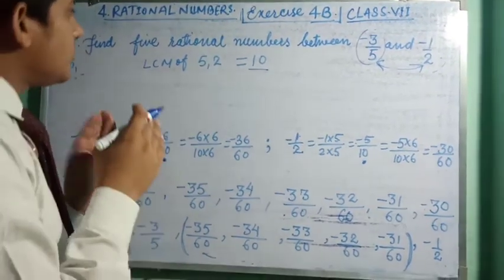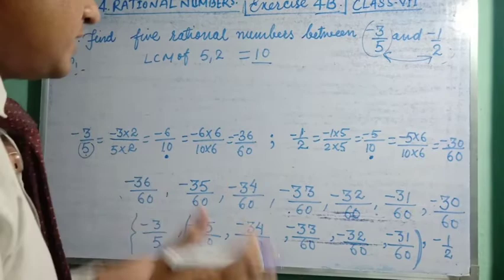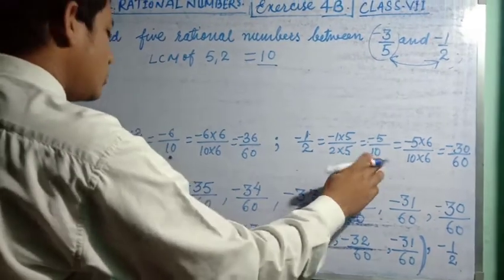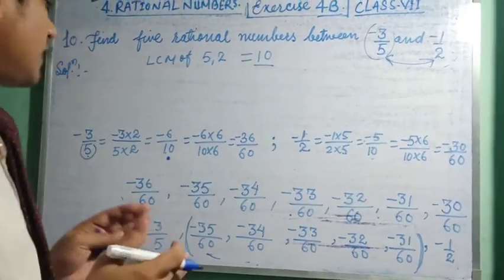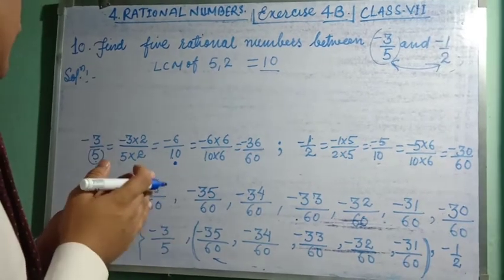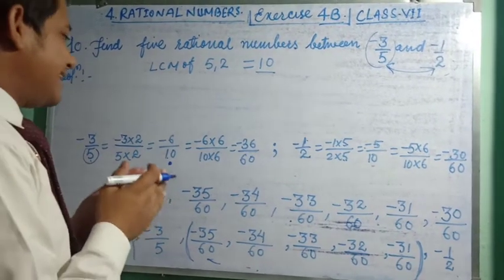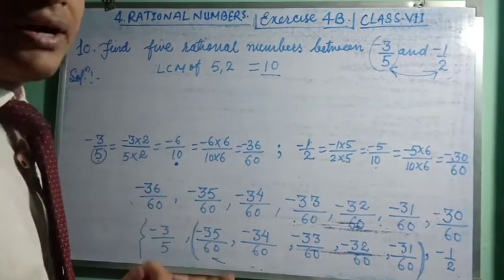But we have to find 5 rational numbers between them. Now what are we going to do? For convenience, we multiply numerator and denominator by a number just greater than 5.